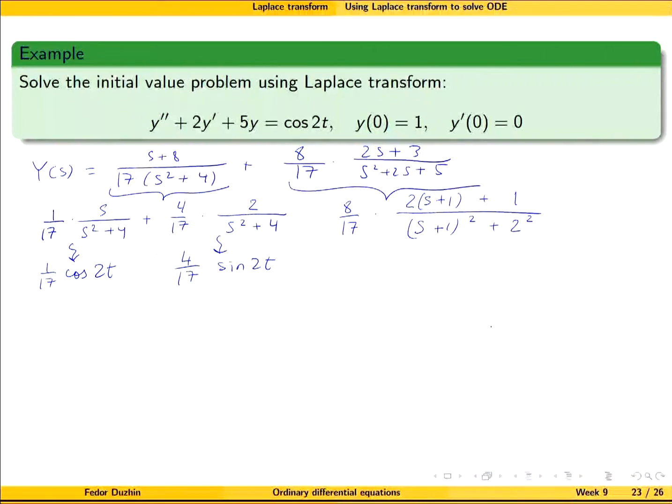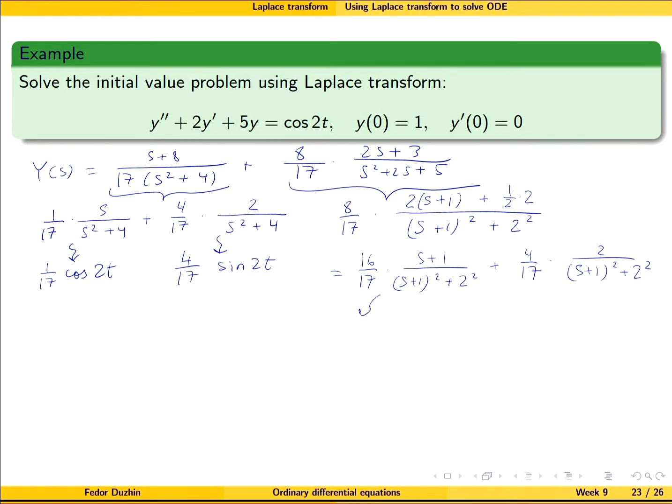In my case, omega is 2, so what I should have is not 1, but 2. But of course, if it is 2, then I should write 1/2. So now my second term can be rewritten as 8 times 2 is 16 over 17 times (s plus 1) over ((s plus 1) squared plus 2 squared) plus 4 over 17 times 2 over ((s plus 1) squared plus 2 squared).